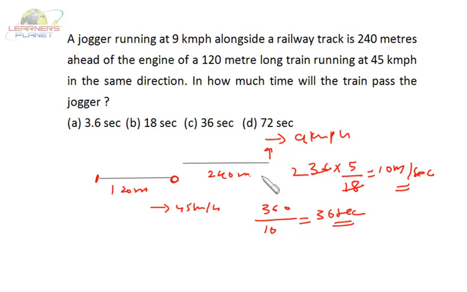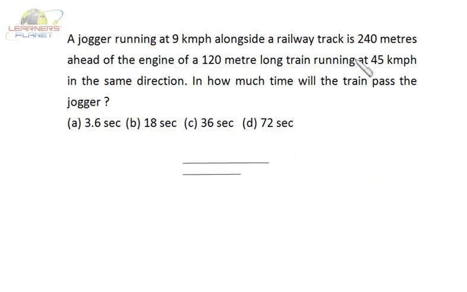That means this ending part has to cover a distance of 120 plus 240, that is 360 meters. Now if the scene is like this, I'll just draw the diagram. This is the train and the person is standing over here, and this total length is 240 meters. I'm sorry, this length is 120 meters, and this length is also 120 meters.